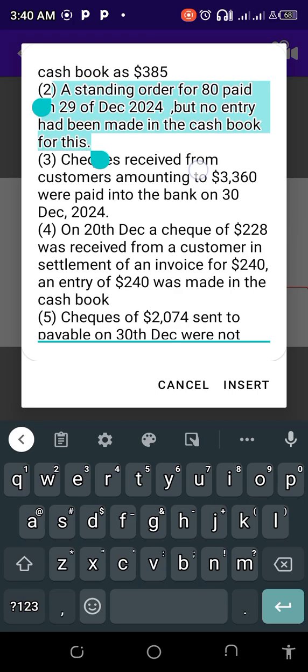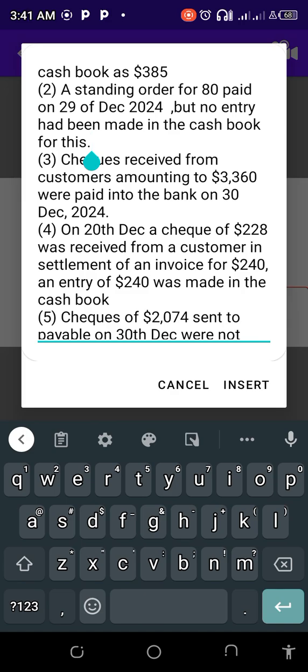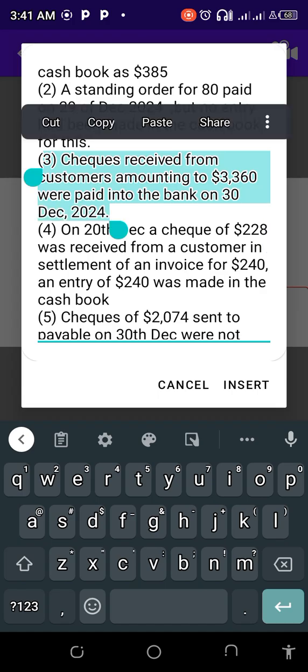Now, item 3. Let us first take the items we are going to use in the adjusted cash book. Item 3 is a check received from a customer amounting to $3,360 paid into the bank on 30th December 2024.